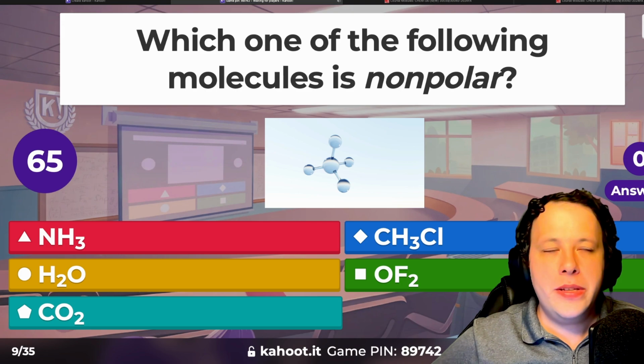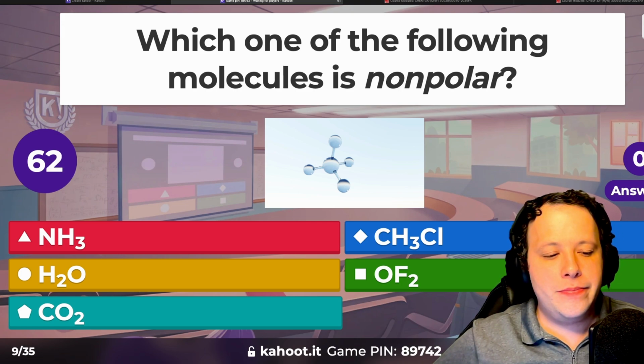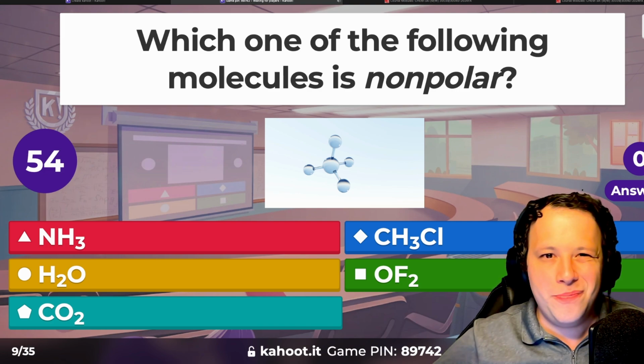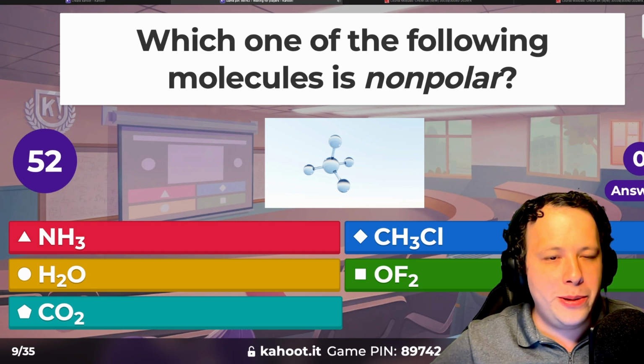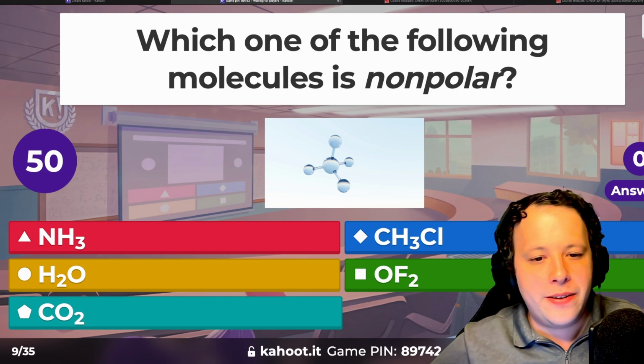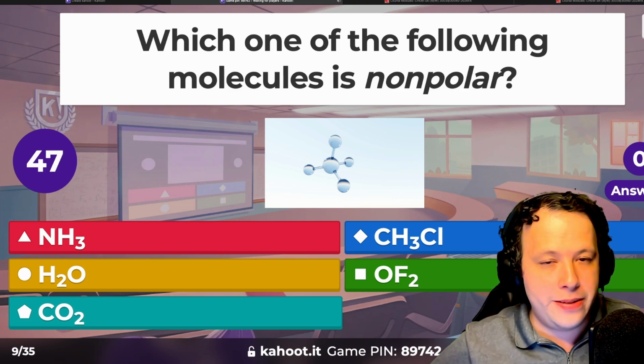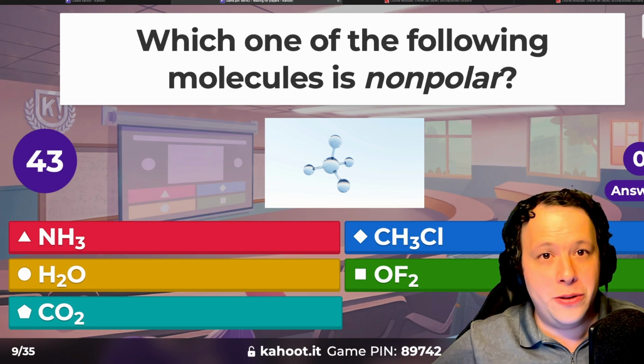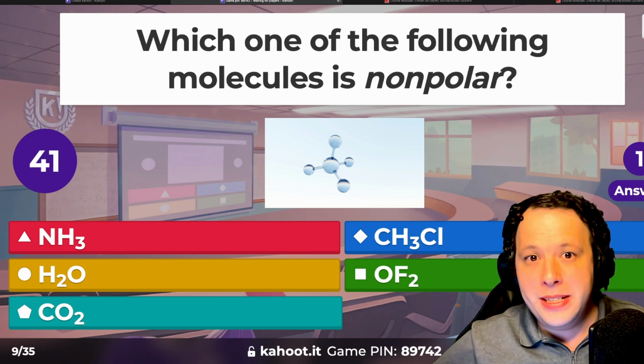So the trick with these is typically geometry, right? If you have the same element all around the molecule, then there's a good chance that it's nonpolar. However, you have to check: does the central atom have lone pairs? If it does have lone pairs, then that means it's polar.